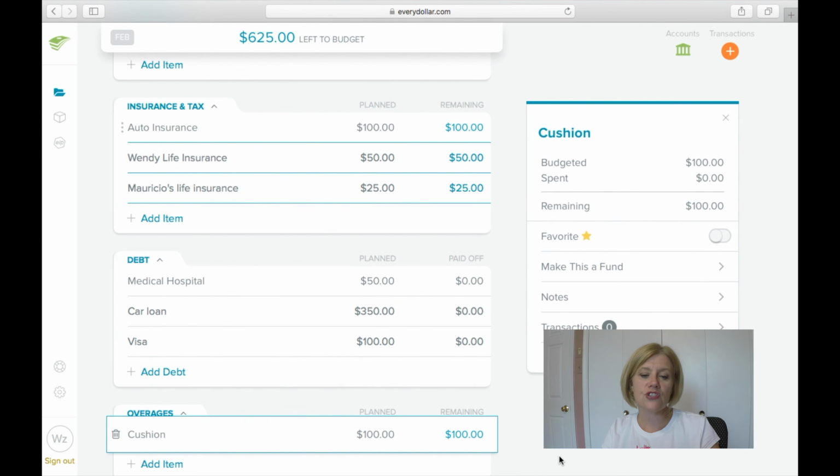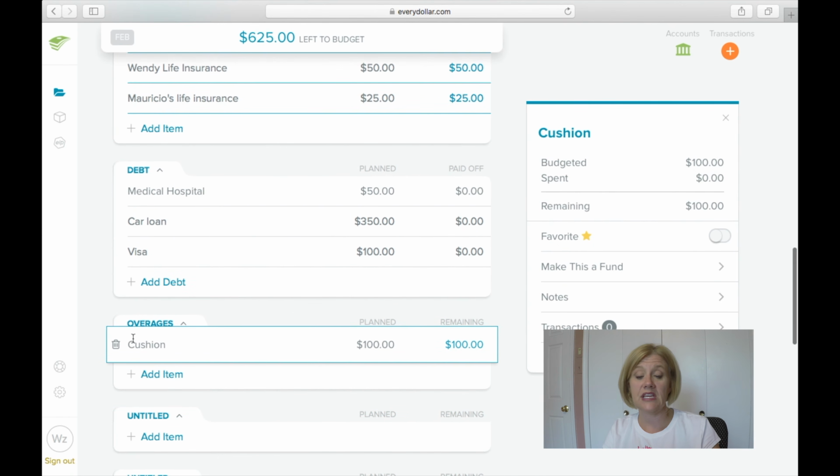Now, when you're first starting out budgeting, this cushion should be way more than $100. It should be like $500, because you are going to make mistakes. If you have never done a budget before, you need to have a good grasp on a budget before you take it all the way down to zero. Now, you want to get it down to a zero-based budget as quickly as physically possible, but understand that you are going to make mistakes and things are going to come up.